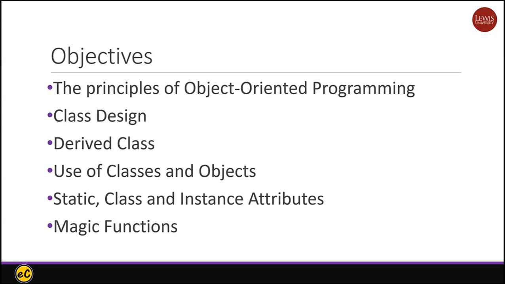So how to design a class, how to do inheritance, and then how to create an object, and class static and instance attributes. And then we talk about the magic functions, the functions that every object should have. So these are the typical topics for object-oriented programming.